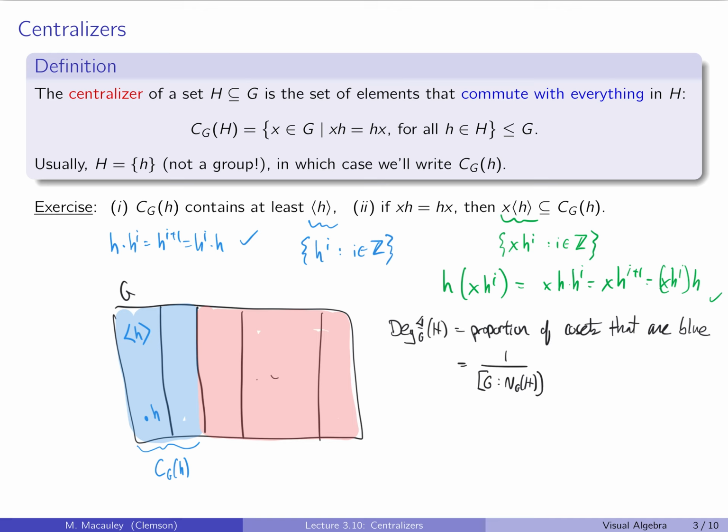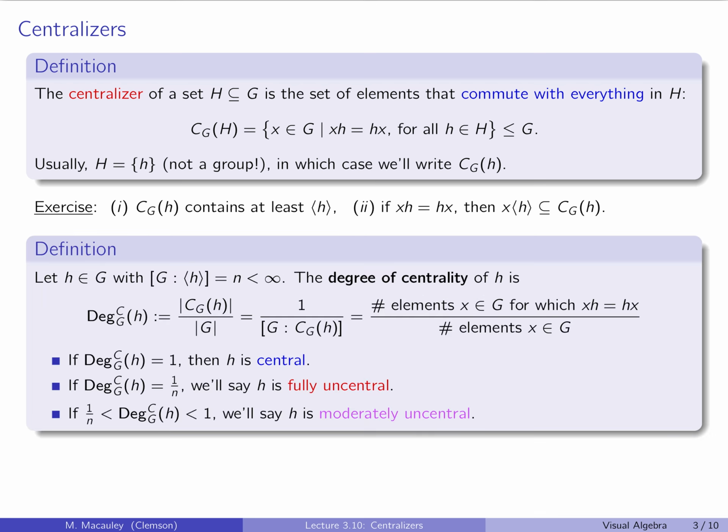What we're going to do here is define an analogous quantity for centralizers. And we'll call this the degree of centrality. Here's a formal definition. Let H be an element in G, and suppose that H generates a cyclic subgroup of index n.